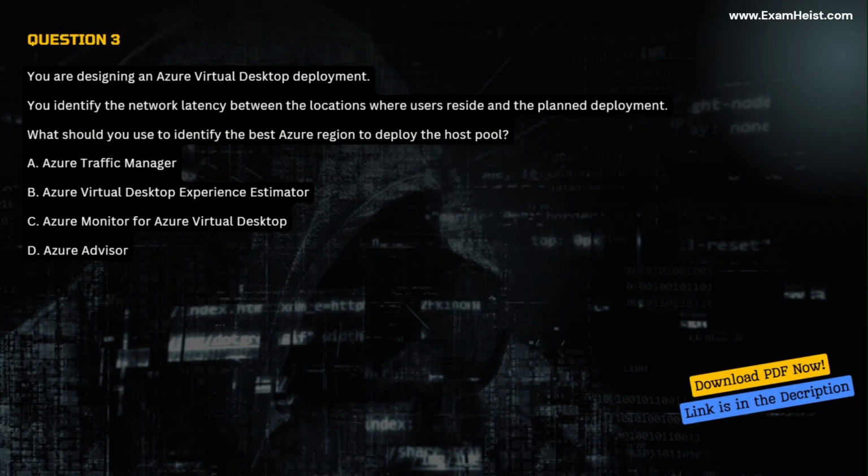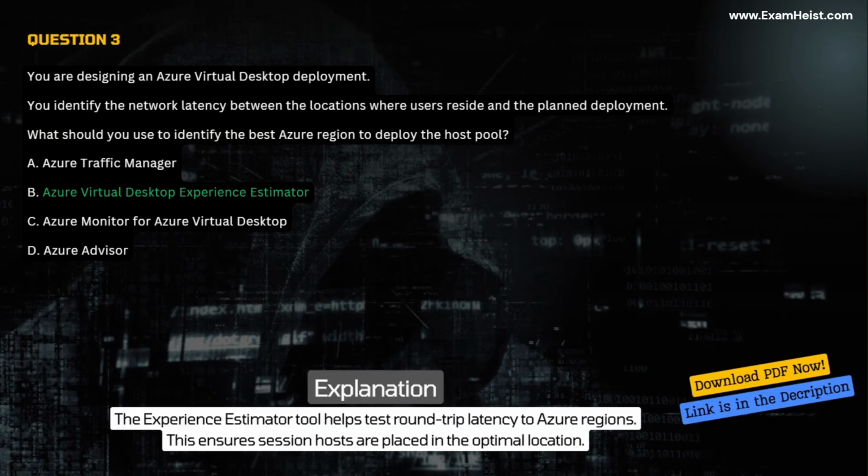C. Azure Monitor for Azure Virtual Desktop. D. Azure Advisor. Correct answer: B. Azure Virtual Desktop Experience Estimator. Explanation: The Experience Estimator tool helps test round-trip latency to Azure regions. This ensures session hosts are placed in the optimal location.